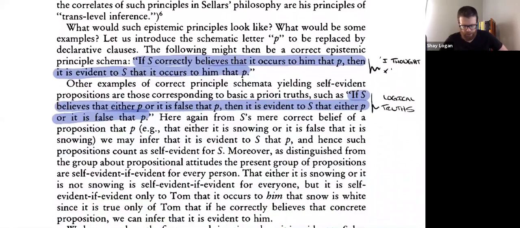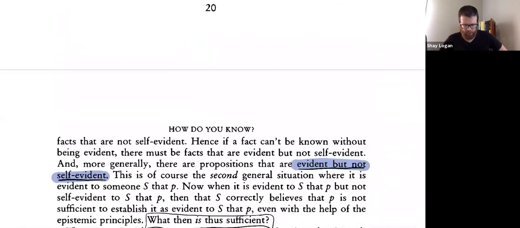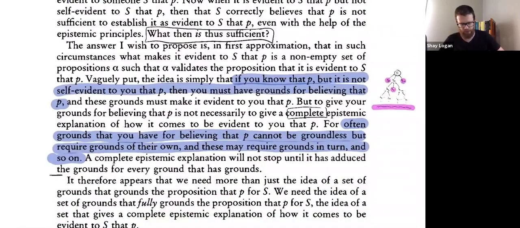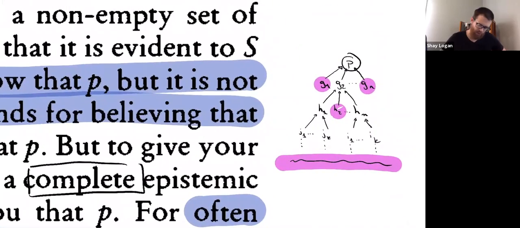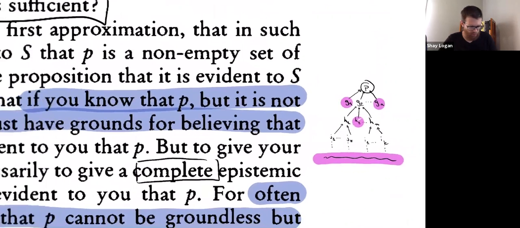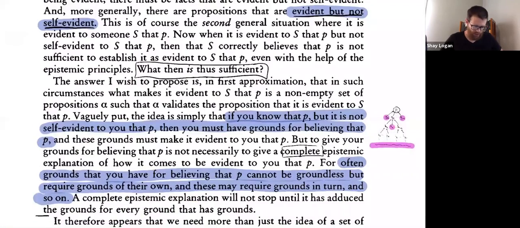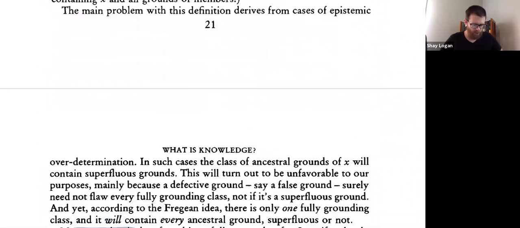And being non-self-evident turned out to be equivalent to having this sort of pyramid-y thing that you could build. And he called this sort of pyramid a complete epistemic justification, or no, a complete epistemic explanation. Okay, and so at the end of section 1, he proposed a new account of knowledge.